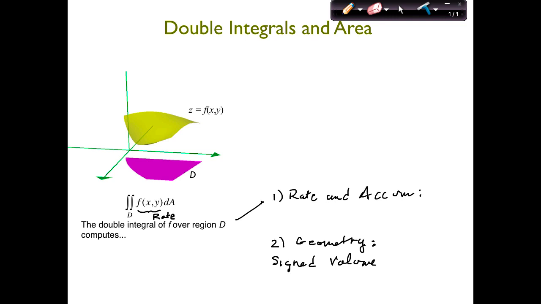So the region in the XY plane projected onto the multivariable function. Is it always under? In this case it would be under, but in general it would be signed volume. What could we say to make it more general?